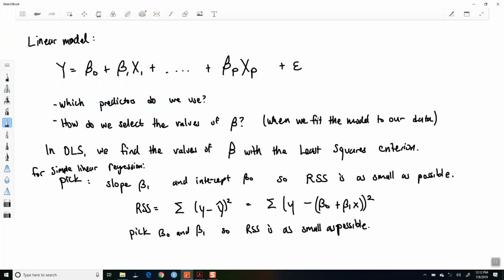In 100B, did you guys talk about how OLS is the BLUE, the best linear unbiased estimator? So what does it mean for the estimates to be the BLUE?